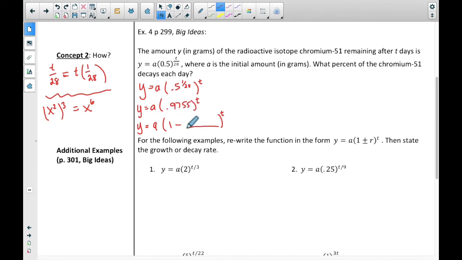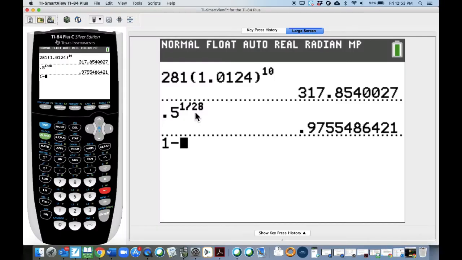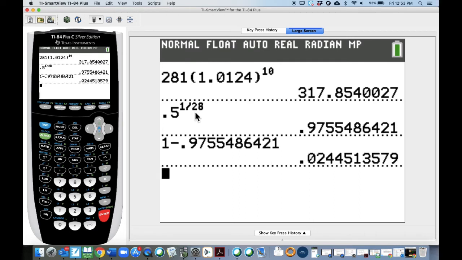Now, because of our formula, we actually want it in the form of 1 plus or 1 minus. Well, think about this. Is this going to be 1 plus or 1 minus? Well, it's less than 1. It has to be 1 minus. 1 minus what? I'm going to go back to my calculator, and I'm going to hit 1 minus, and I'm going to grab that decimal and hit enter. And this gives me 0.02445.